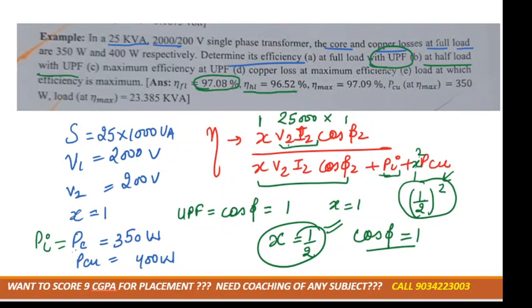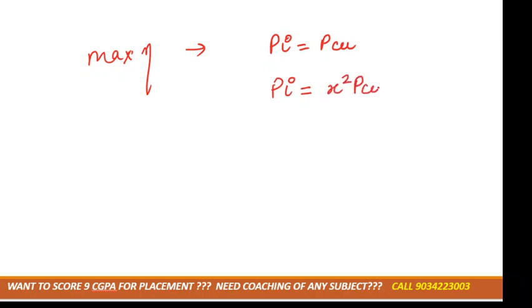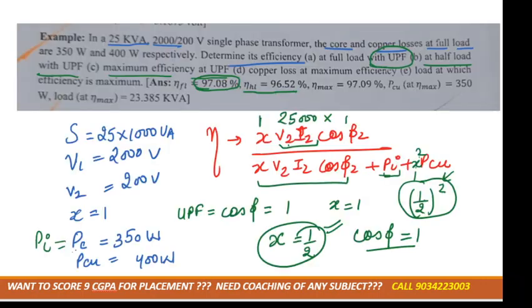Next, they are asking the maximum efficiency at unity power factor. As you know, what is the condition for maximum efficiency? That is, iron losses must be equal to the copper losses, right? Or we have another formula, Pi is equal to x square PCU, x is equal to root of Pi divided by PCU, right?